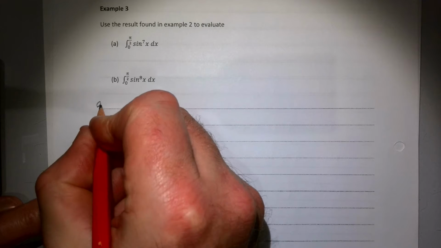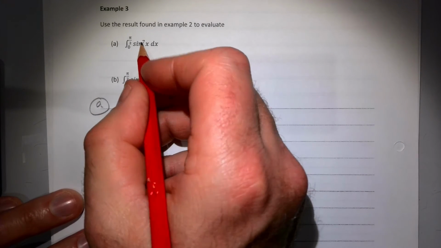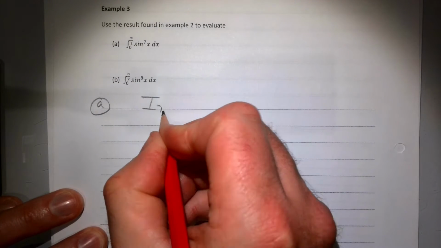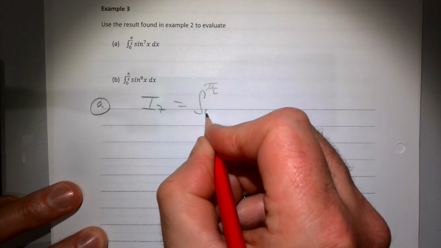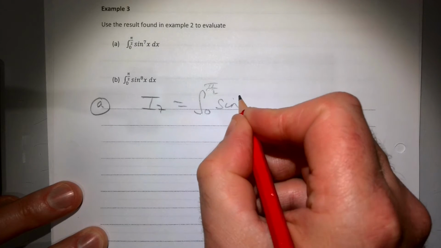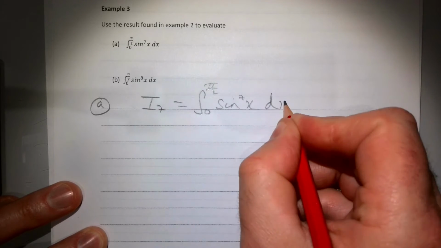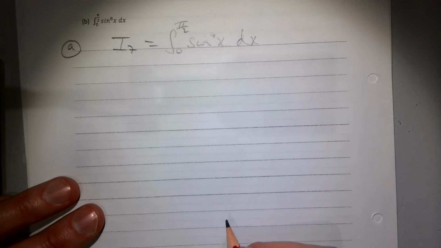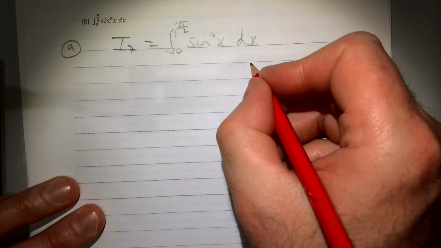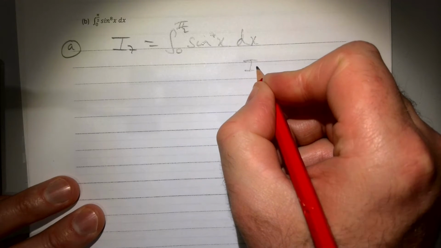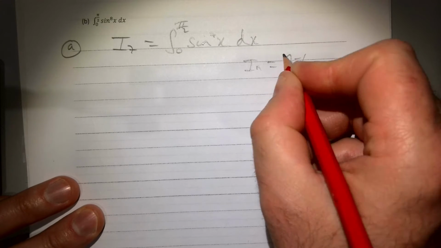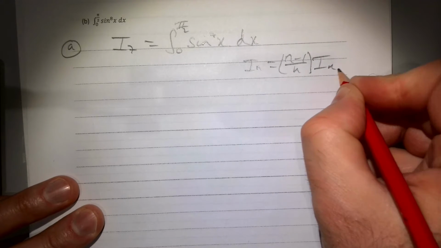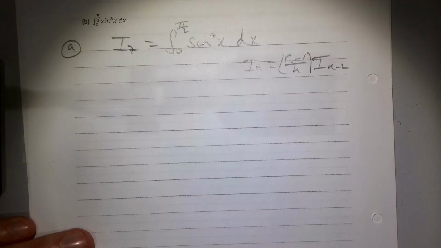So part A, I hope you realise then we have I7, and we're letting that equal the integral to pi over 2 of sine 7x dx. Our reduction formula says that I_n equals (n minus 1) over n times I_(n minus 2).